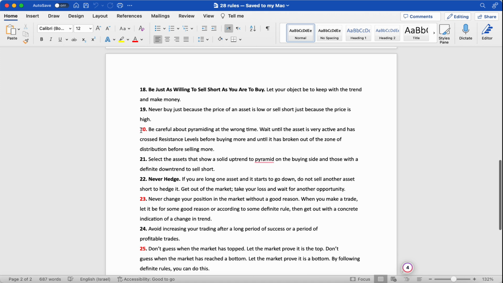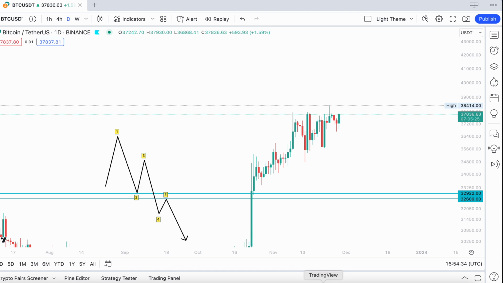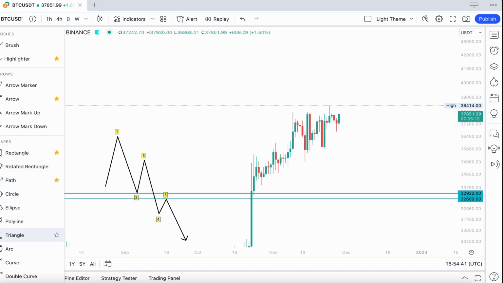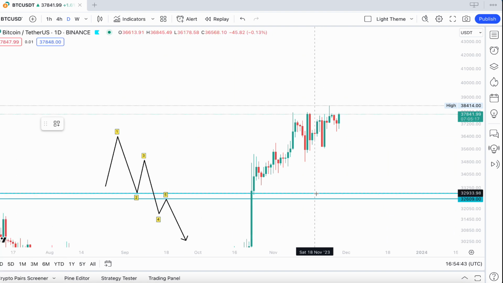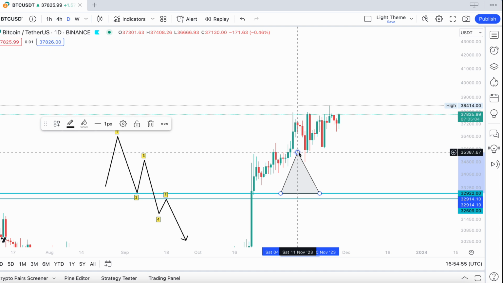Okay. Be careful about pyramiding at the wrong time. What does Gann mean by pyramiding? Pyramiding means that some people are building a position, meaning that if your support is not a horizontal level, it's a range, then you begin by pyramiding into a position.